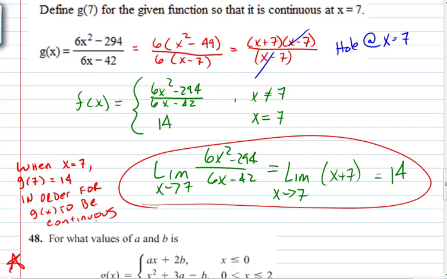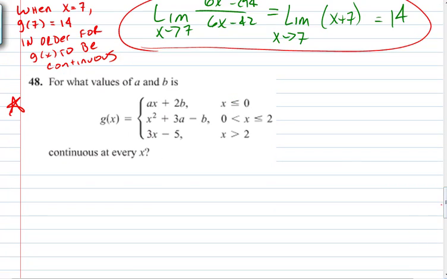Okay? At that point. All right, 48 says for what values of a and b is this function going to be continuous at every point?